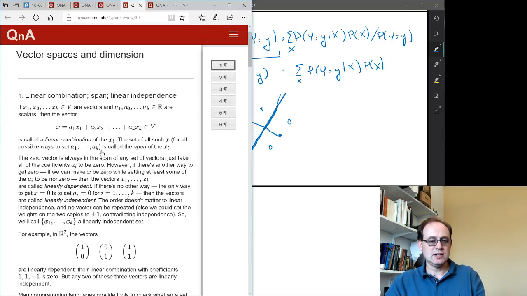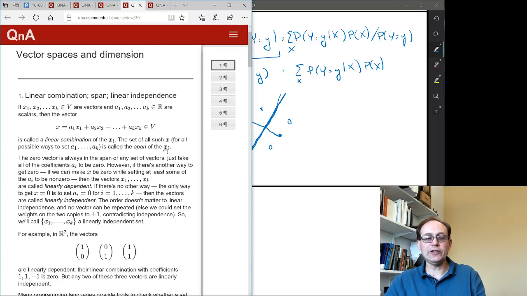Let's take a few vectors, x1 through xk, that are in our vector space V, and a few scalars, a1 through ak, and make the vector a1 x1 plus a2 x2, and so forth. Because addition and scalar multiplication keep vectors in our vector space, this new vector x, the sum of ai xi, is part of V, and it's called a linear combination of the xi's.